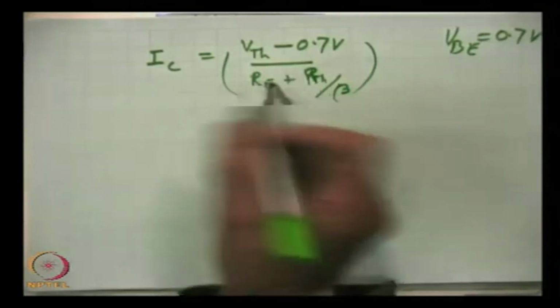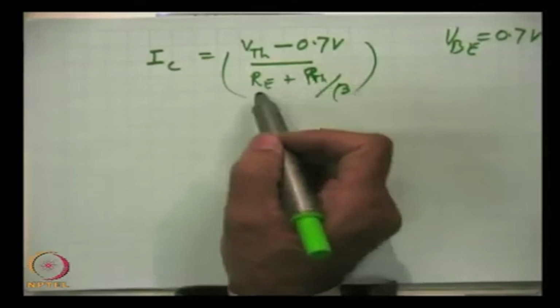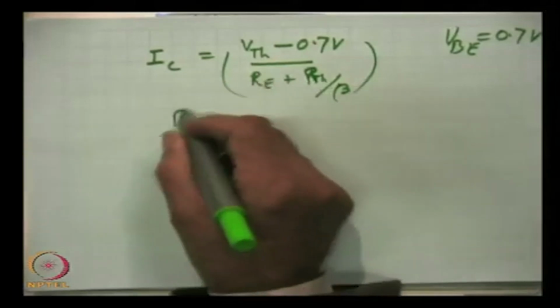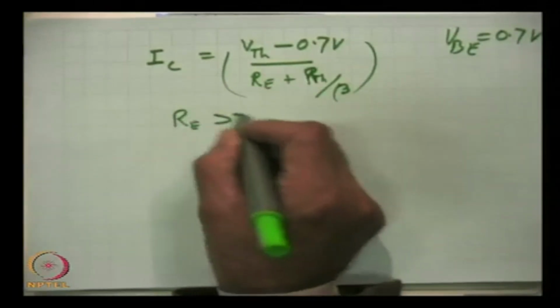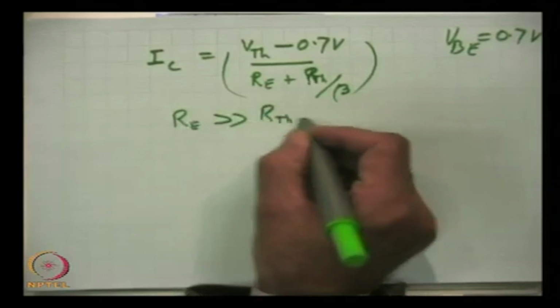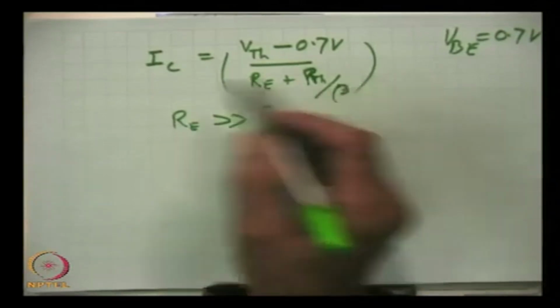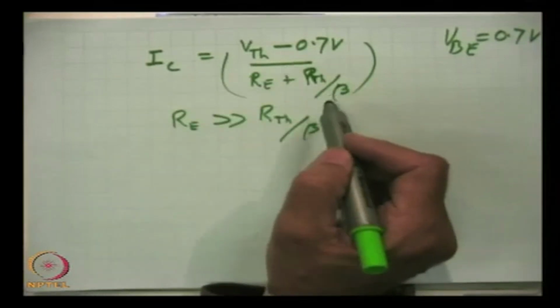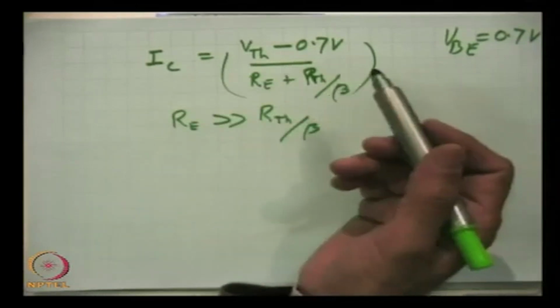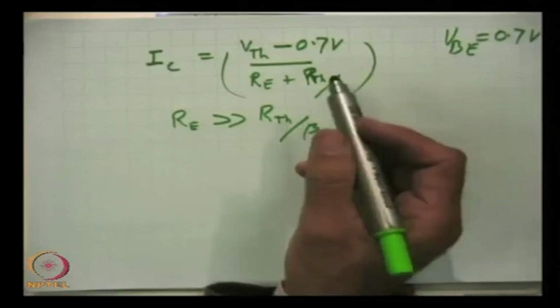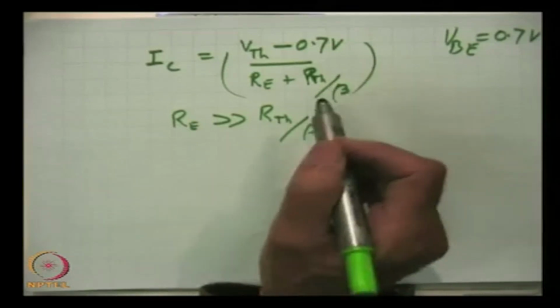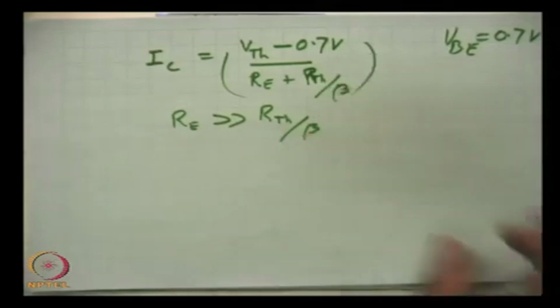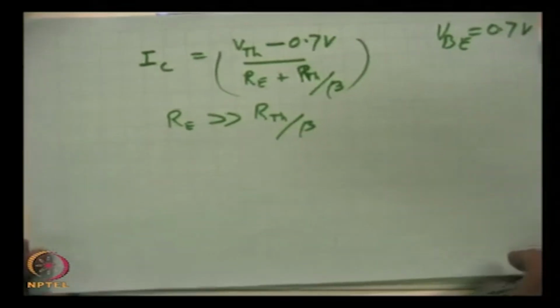This is the final expression, and by making RE greater than RTH by beta, we can make the collector current independent of beta. That means it is independent of the variations of beta, and this will be highly stable.